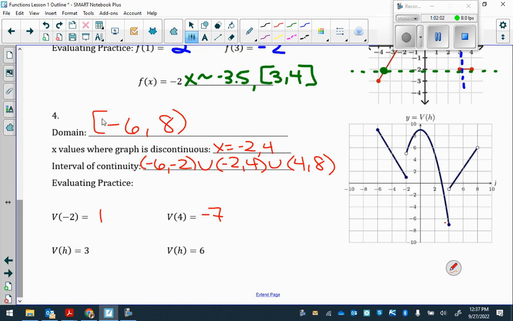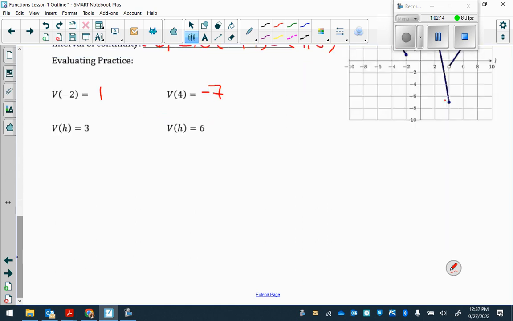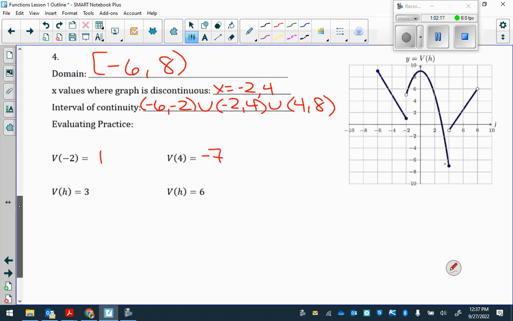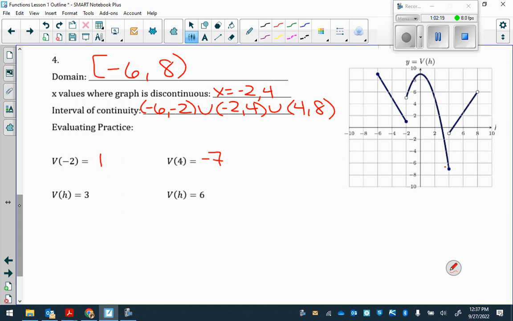Would I agree with that? This looks different on this. Yeah. Good. Okay. How about V of H equals 3? So we're going to go with 3. And these are all probably approximations. What do we got, Mike? Yep.